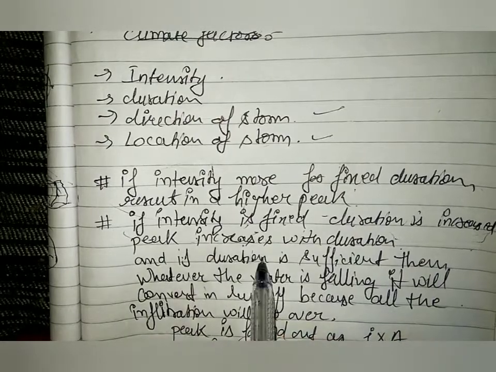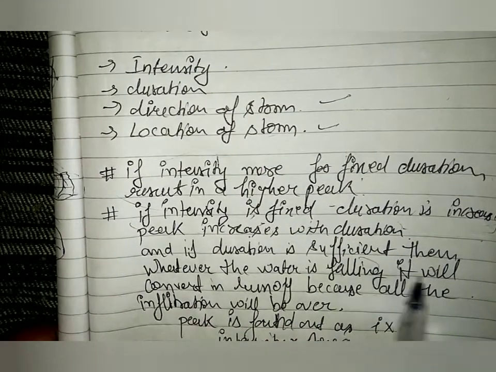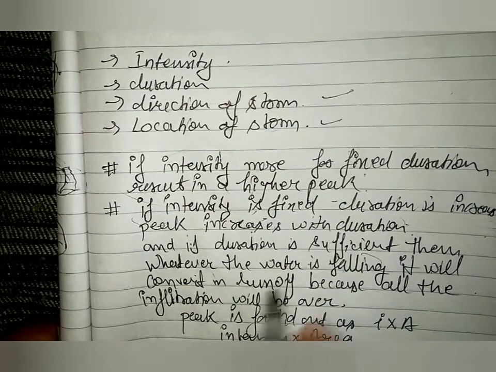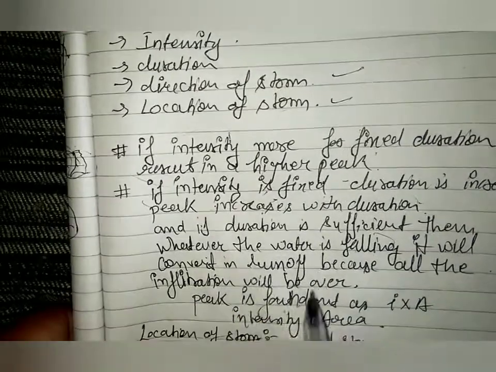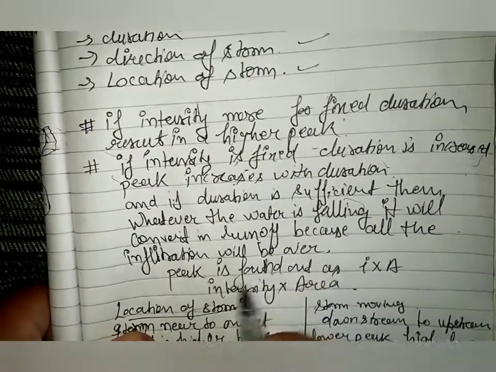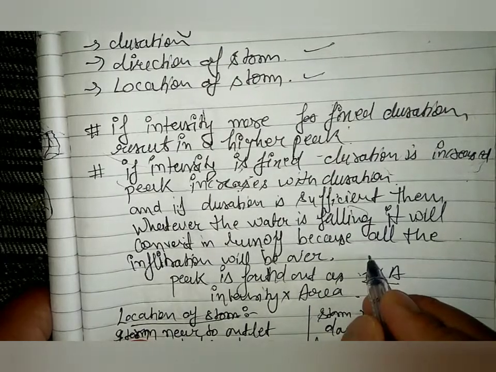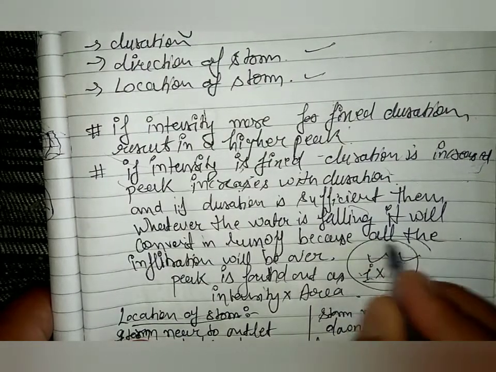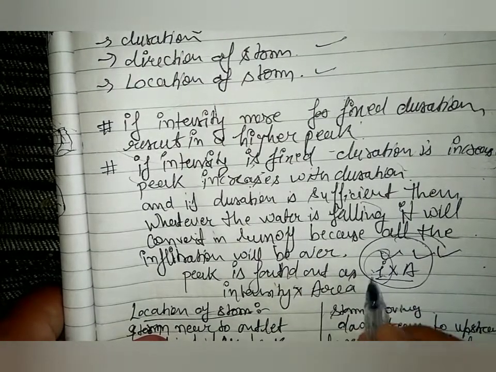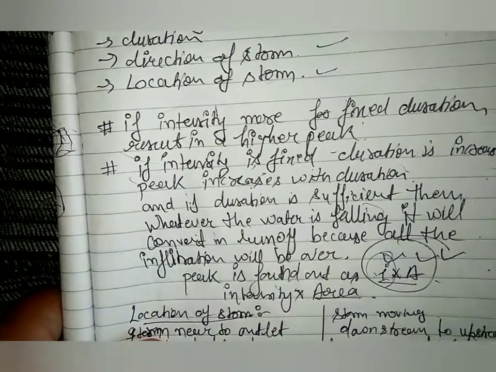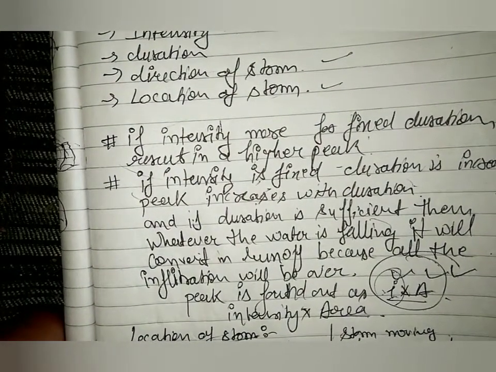If the duration is sufficient, then whatever water is falling will convert into runoff, because all the infiltration will be over. So the peak is found by I into A, that is, intensity multiplied by area. Sorry, I is the intensity. This is how intensity plays an important role.